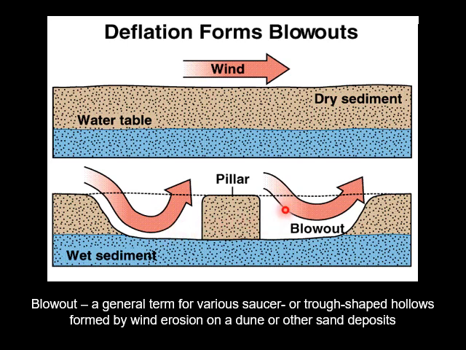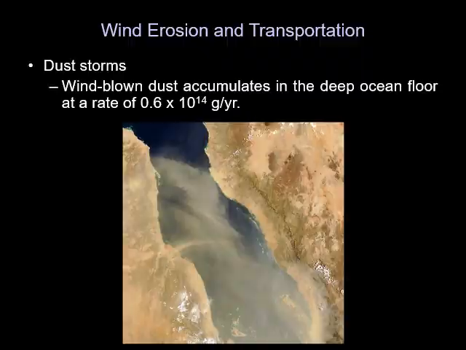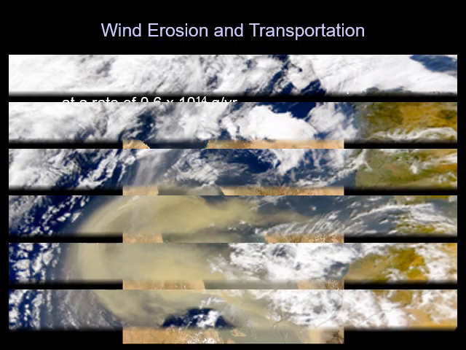The resistant area, which is normally stable, sometimes grown by vegetation, is called a pillar. This other diagram shows a blowout and a pillar, the pillar being formed due to the presence of vegetation.